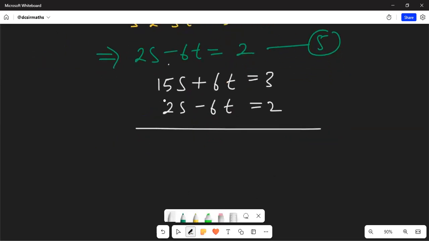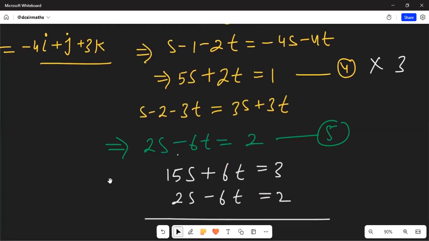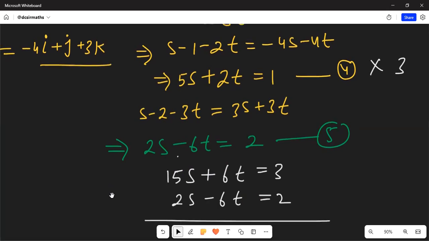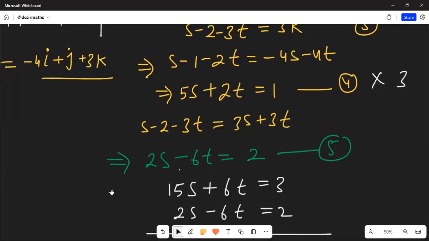There is some error, this is negative 2s, negative 6t is equal to 2.